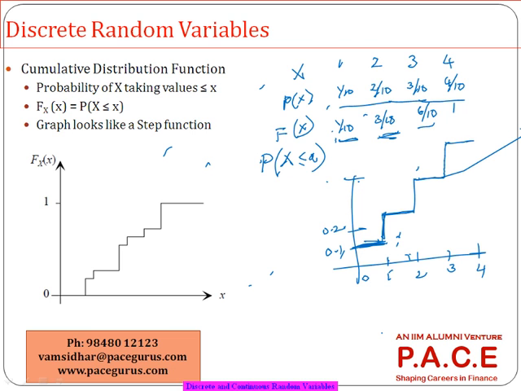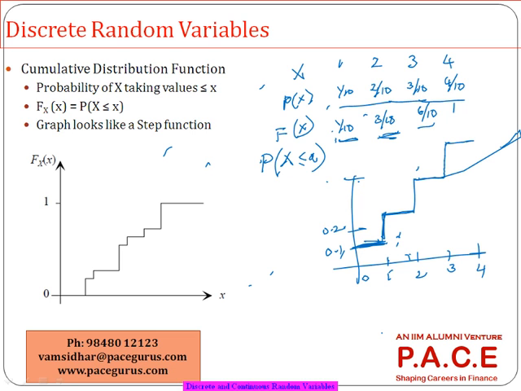So this is what your cumulative distribution function looks like for this example, which is nothing but a step function. Most of the cumulative distribution functions are step functions only, because probability cannot be negative. The cumulative distribution function only goes up but it can never come down.